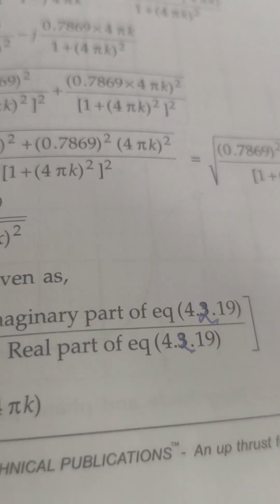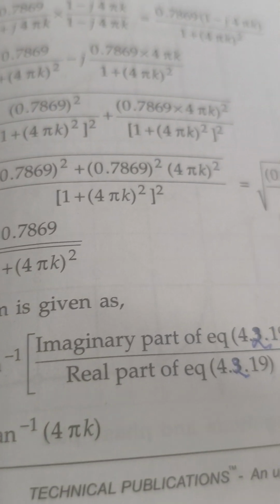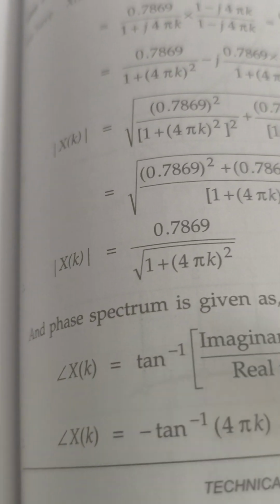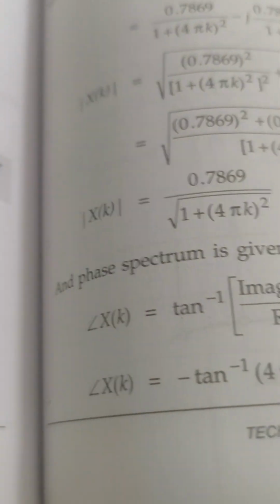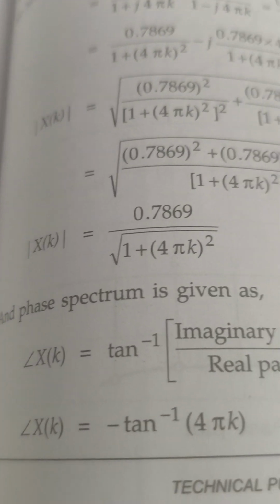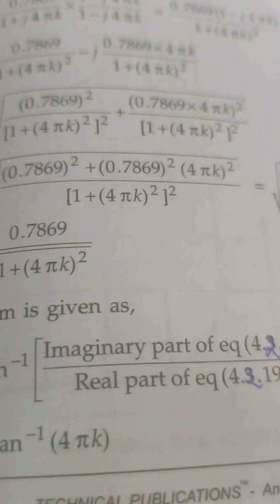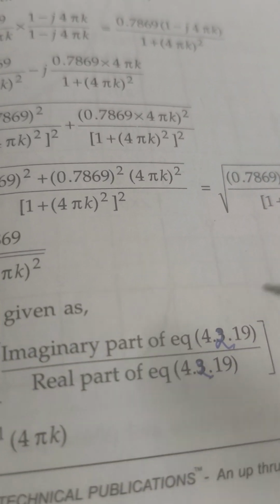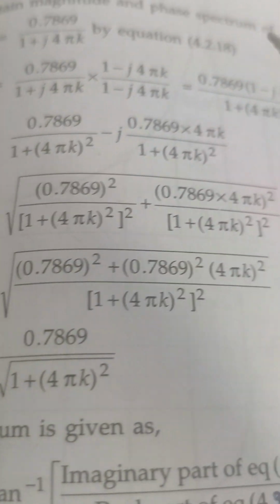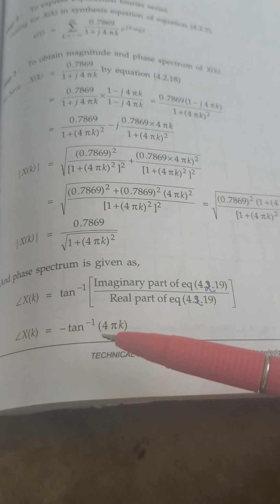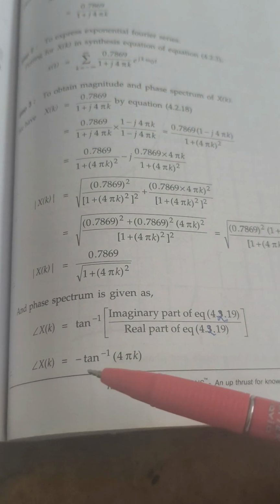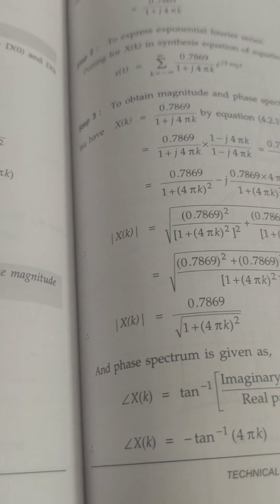When we substitute these values, we get the expression for the angle of X of k, that is the phase spectrum, equal to minus tan inverse of 4 pi k.